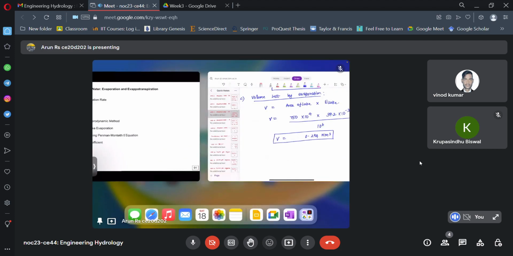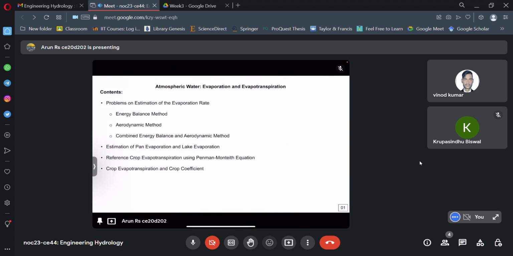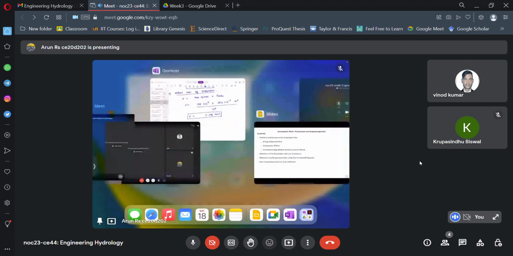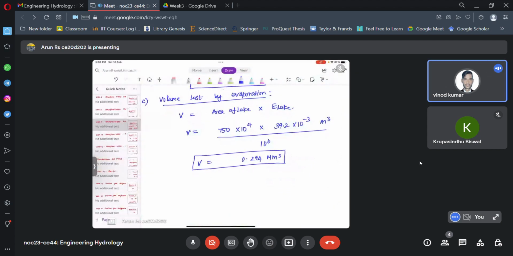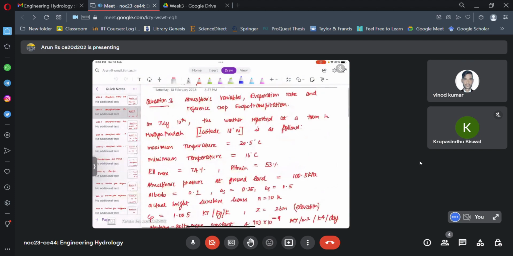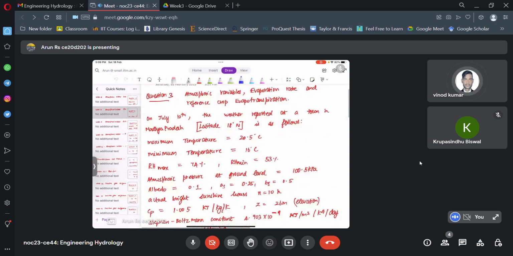So the next question is related to reference crop evapotranspiration using the Penman-Monteith equation. This is a lengthy question. Just see this question. It has all the atmospheric variable calculations also. This will be related to your module 2 and 3, and you have evaporation rate and reference crop evapotranspiration.